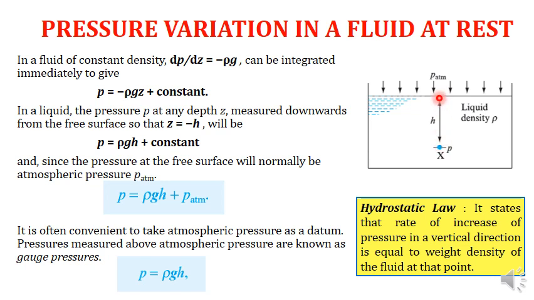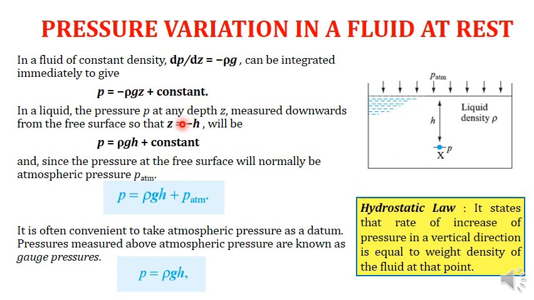If the depth of that particular point from the top surface is h in the vertical direction, then we can find the pressure exerted at that point x.